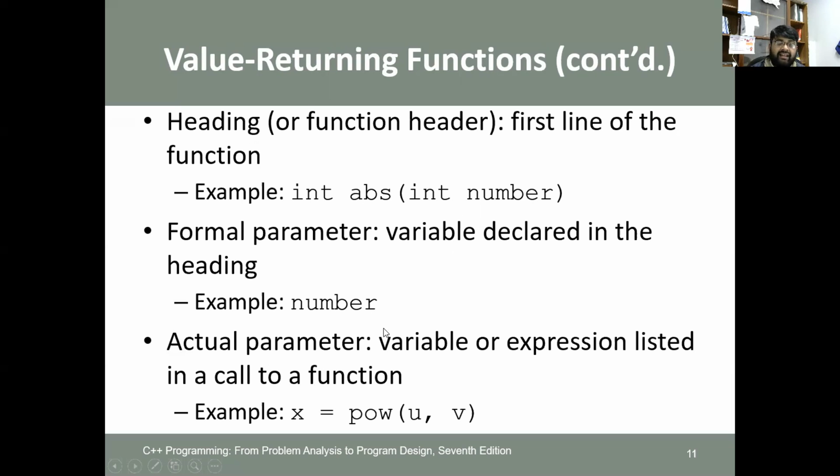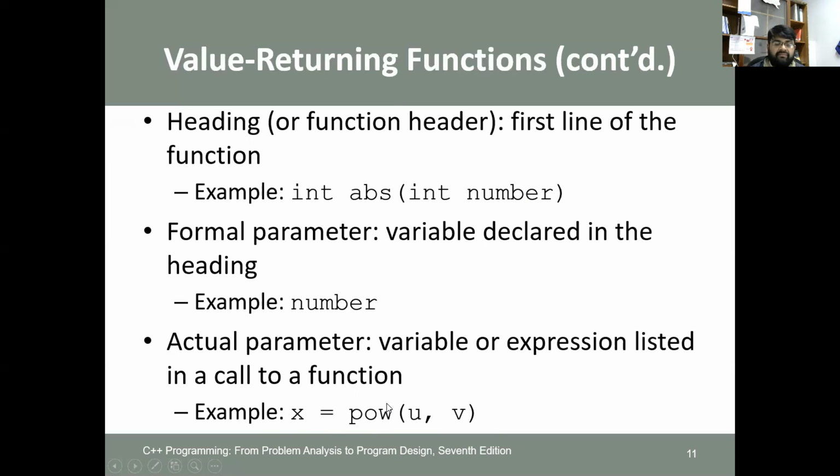The formal parameter is the name number, but the actual parameter is what you use in the call to the function. For example, if you want to call abs, you might call it by x = abs(5). So 5 is your actual parameter, while number is your formal parameter.